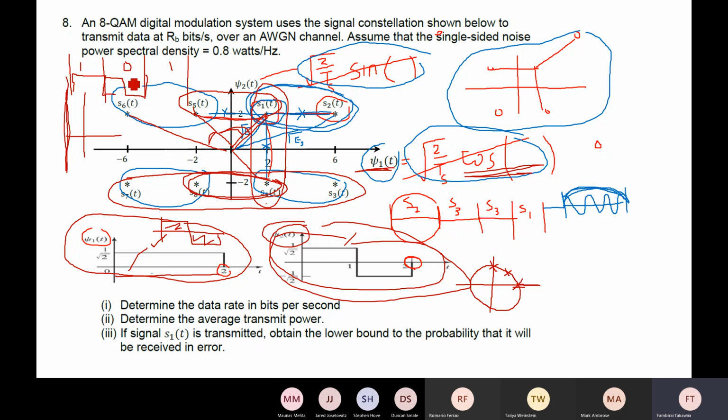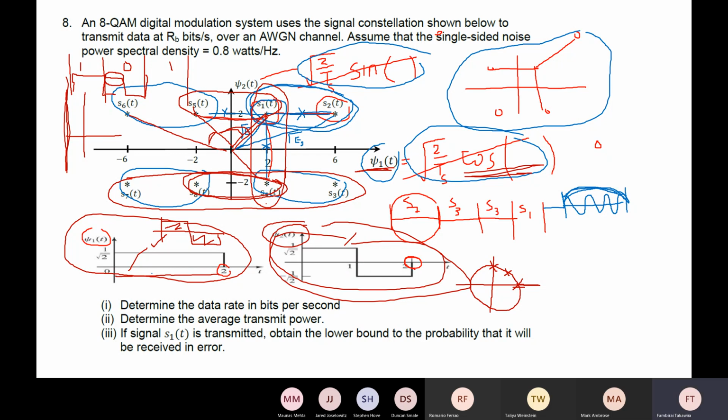So the minimum time between switching from some amplitude value to a different amplitude value would be 1 second. But bear in mind that the waveform S2 is actually 6 times psi 1 plus 2 times psi 2.